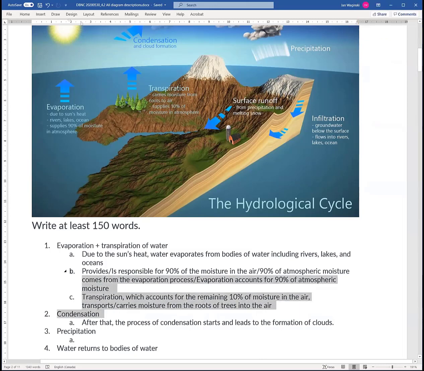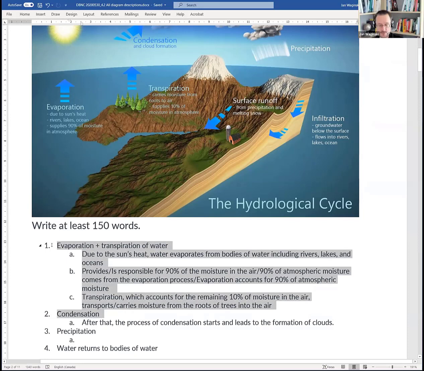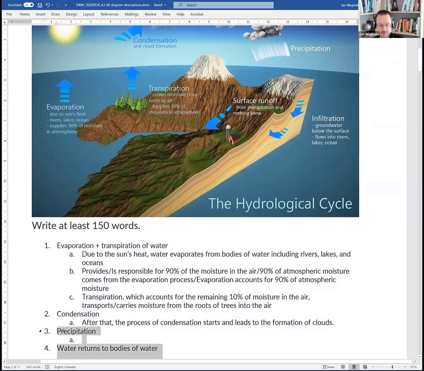So I would put these two in the first body paragraph, and then I would do the precipitation and return of water as the second paragraph. So imagine this, you're ending your first body paragraph with, after that, the process of condensation starts and leads to the formation of clouds. Okay, so then what would be the natural beginning of the next paragraph?